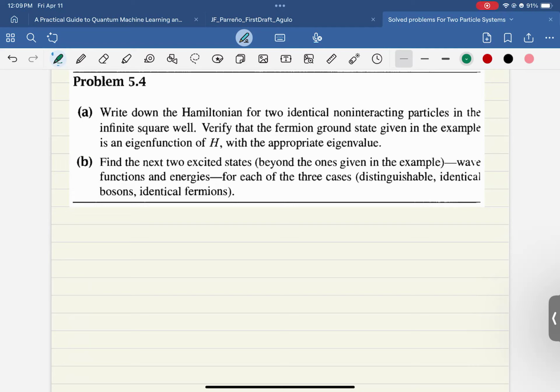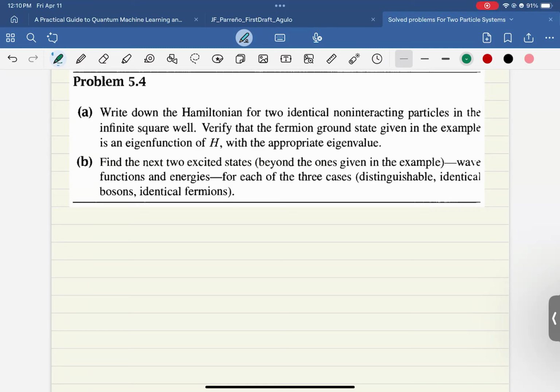Sabi dito, we first write down the Hamiltonian for two identical non-interacting particles in the infinite square well, and then verify that the fermion ground state given in the example is an eigenfunction of H, with the appropriate eigenvalue. And then find the next two excited states beyond the ones given in the example, wave functions and energies for each of the three cases. So distinguishable, identical bosons, tsaka identical na fermions.